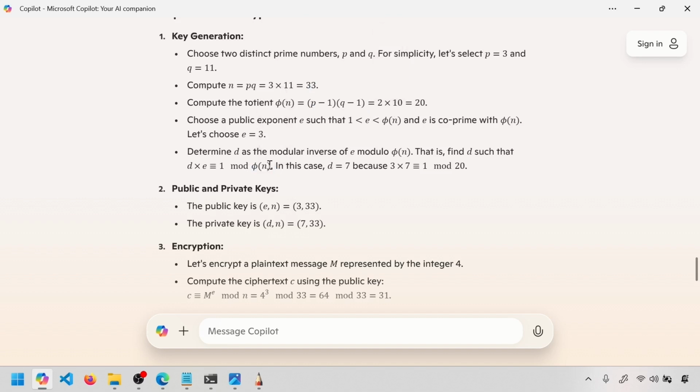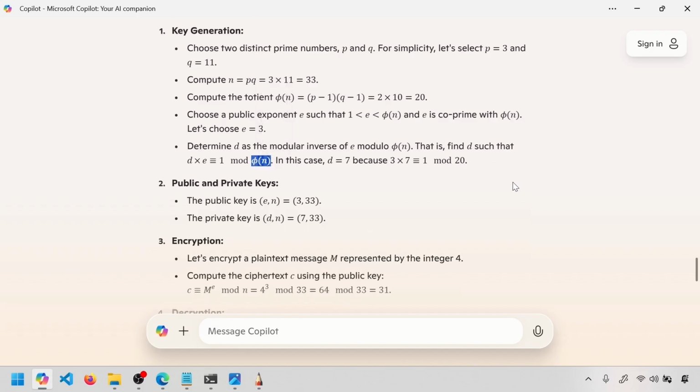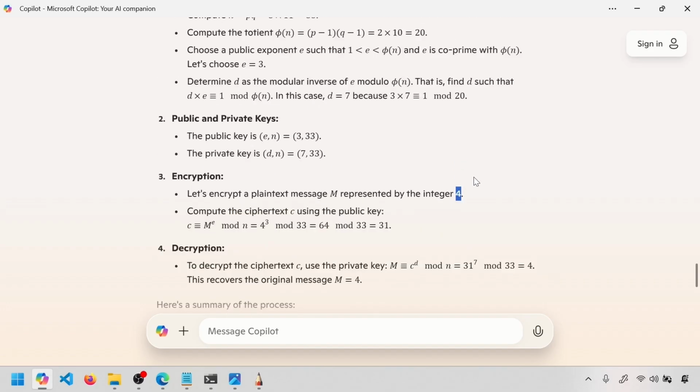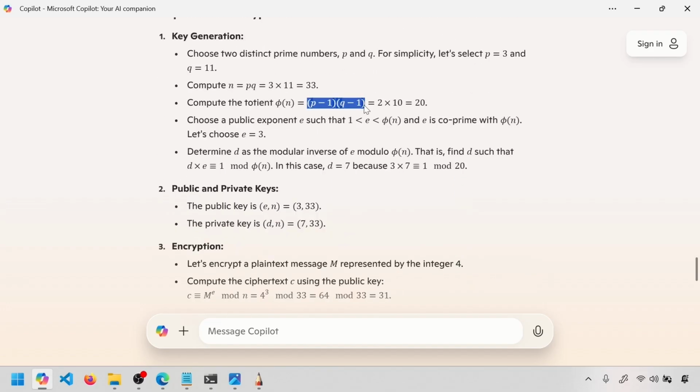If this is out, our private key can be calculated. And as a result, the message can be decrypted as well by the attacker. Now, the reason why we cannot calculate this is we don't know what p and q are because of the integer factorization problem. Now, it looks straightforward in this small example right here.